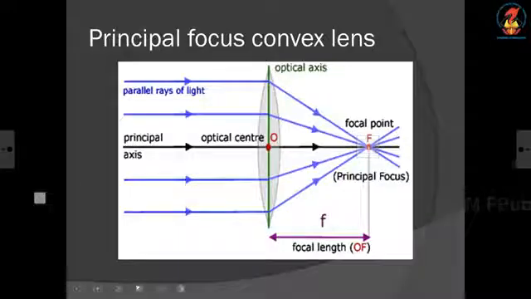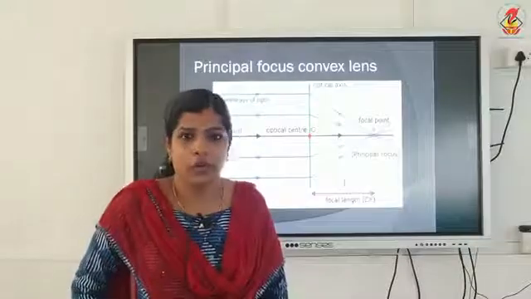The refracted rays will meet at a point on the principal axis. All the refracted rays will meet at a point on the principal axis and that point is known as a principal focus.